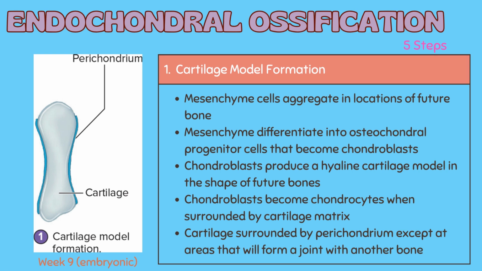These mesenchymal cells differentiate into osteochondral progenitor cells that then become chondroblasts that produce a hyaline cartilage model with the approximate shape of a future bone. As chondroblasts are surrounded by the cartilage matrix, they become chondrocytes. The cartilage model is surrounded by perichondrium, except where a joint will form with another bone.